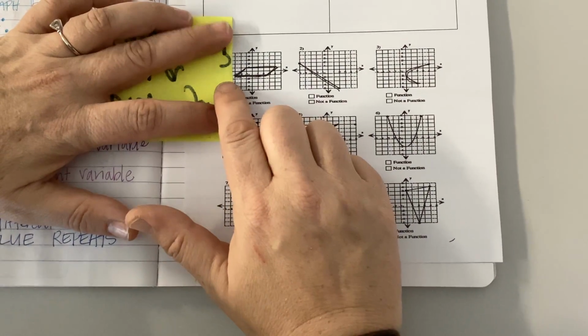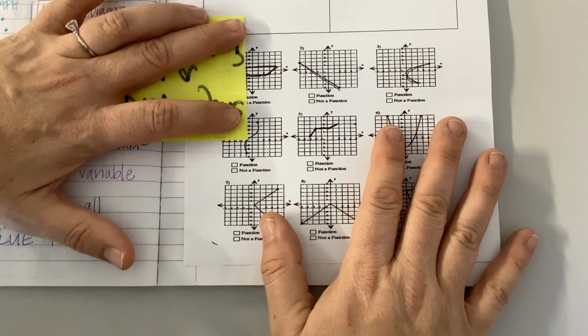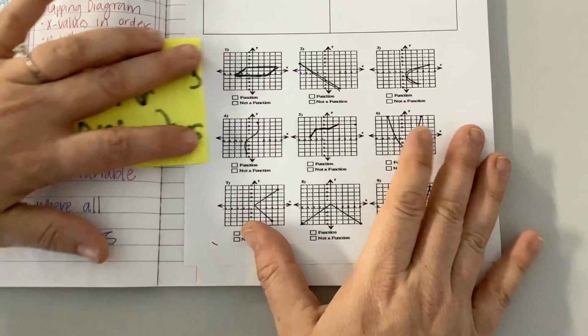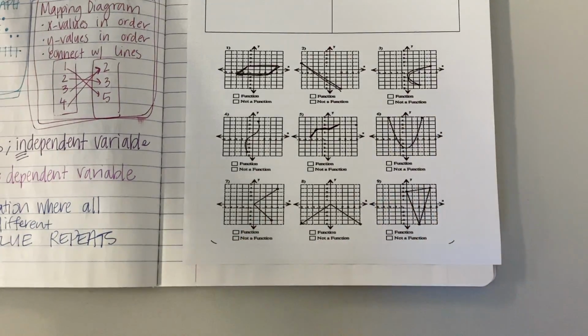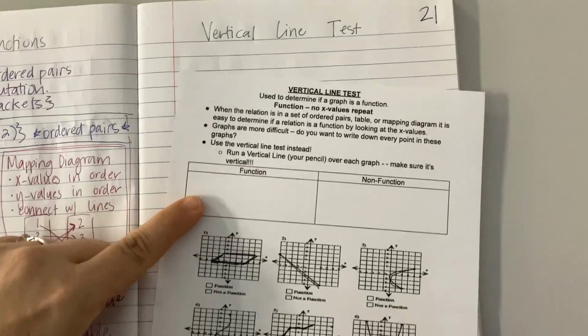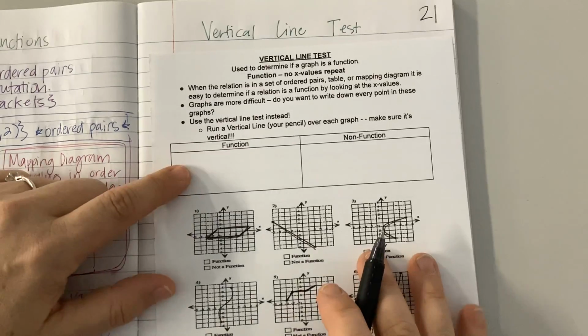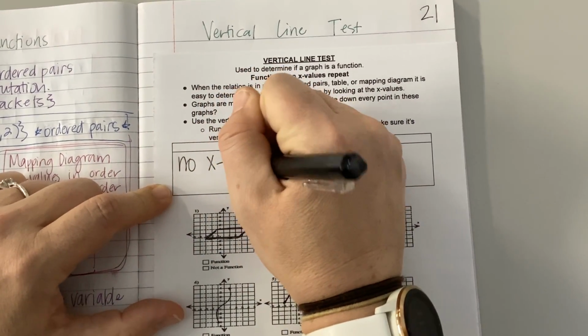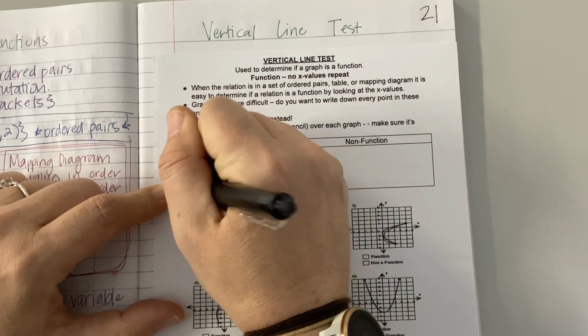And you go across your picture vertically. Does this make sense? You drag it across vertically. It is a function if no x value repeats.